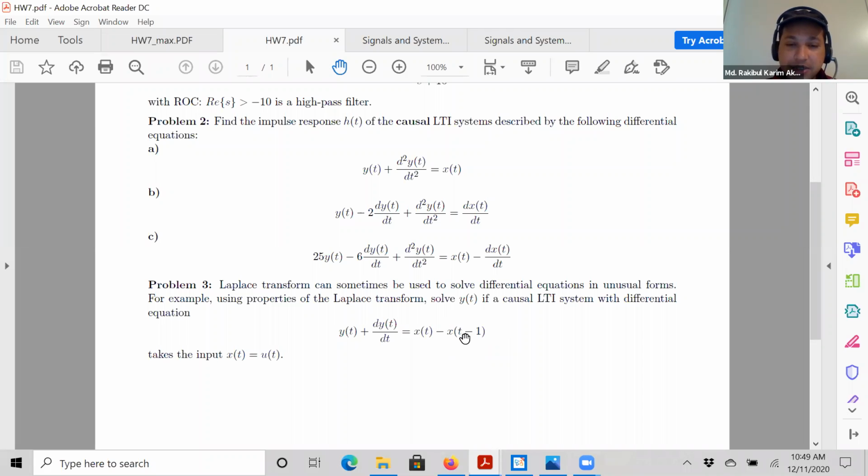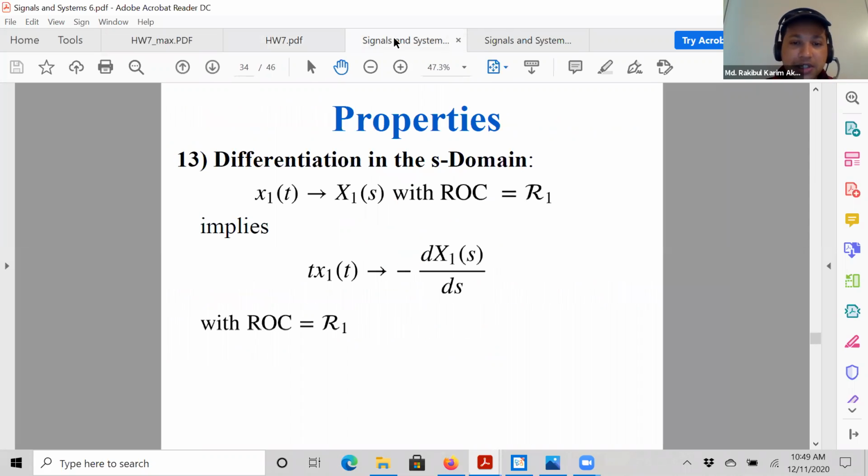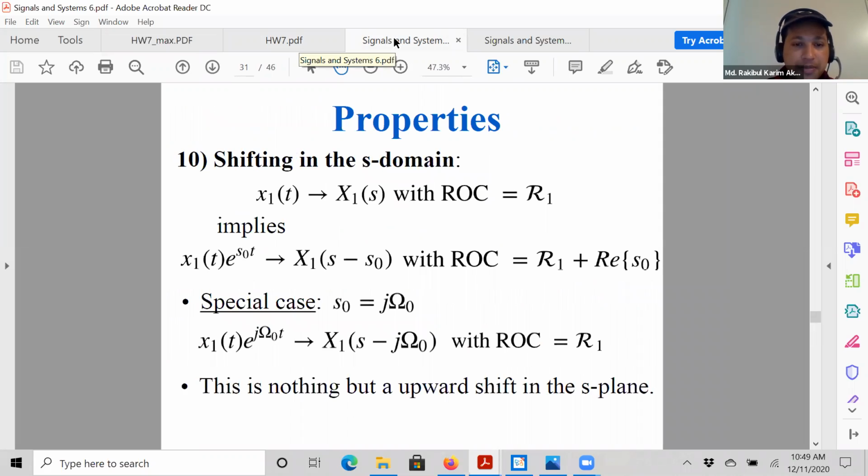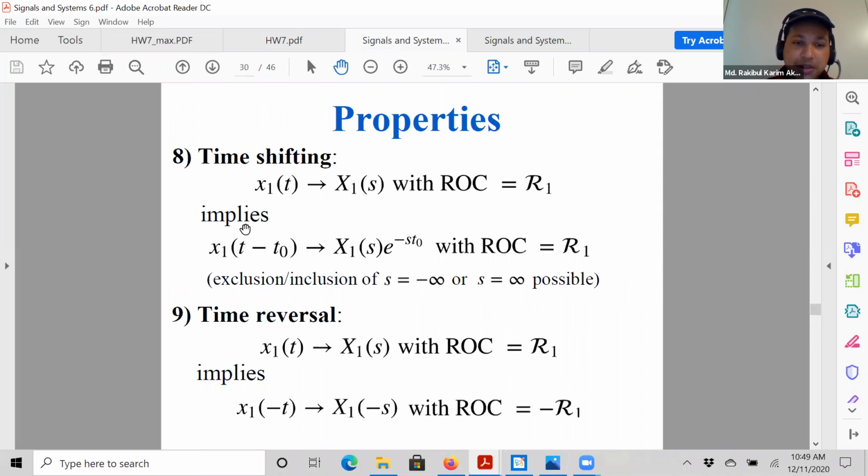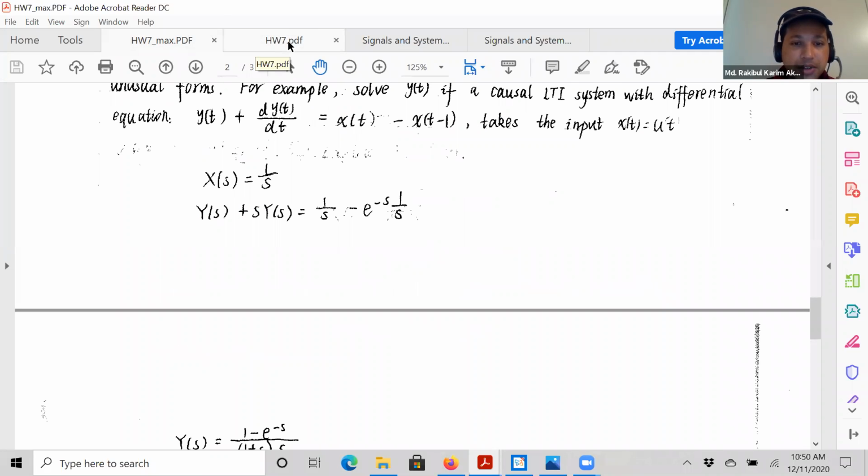This is also xs, but due to this shifting in the time domain, you have to multiply e to the power minus s with the shifting value. So it should look like xs minus e to the power minus s xs.